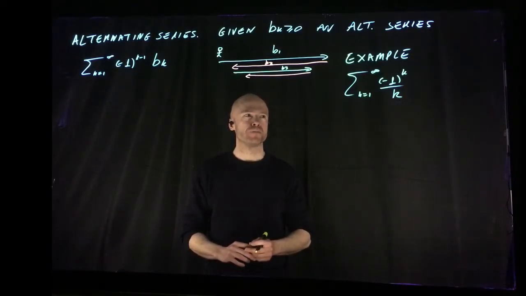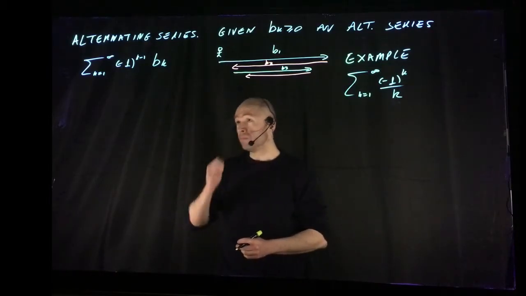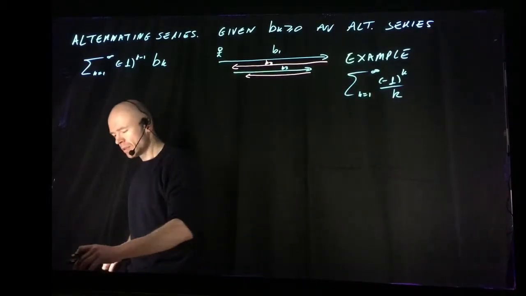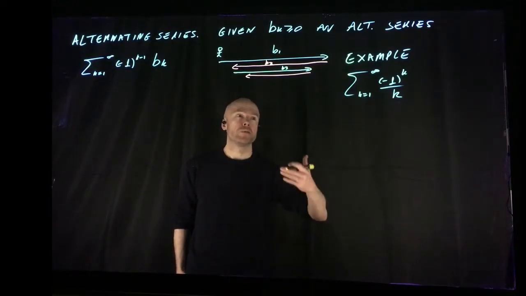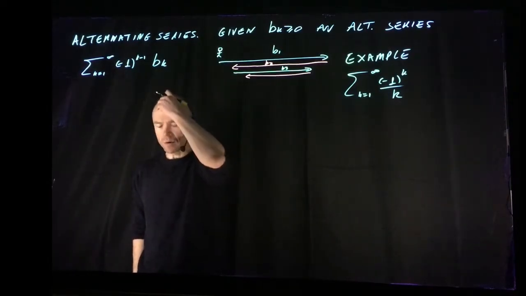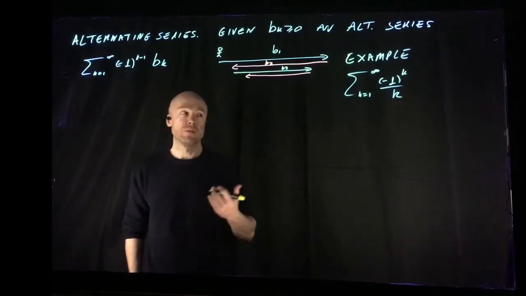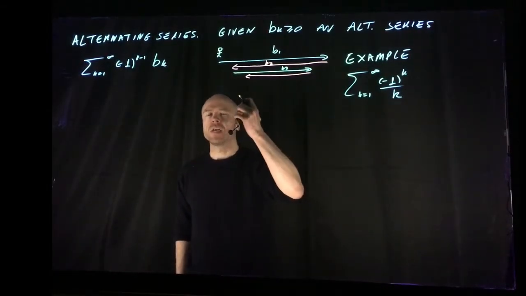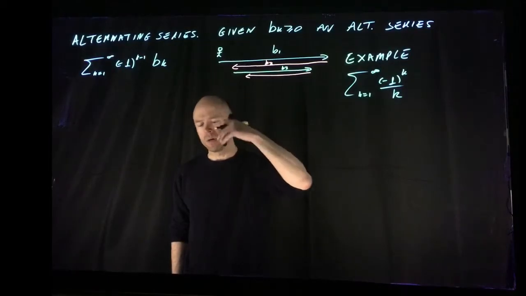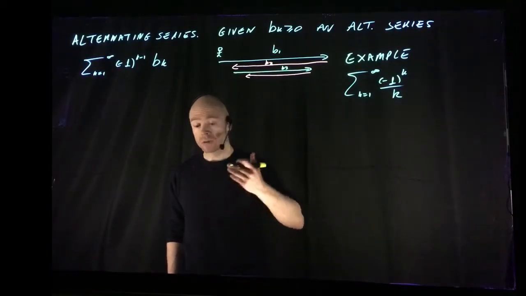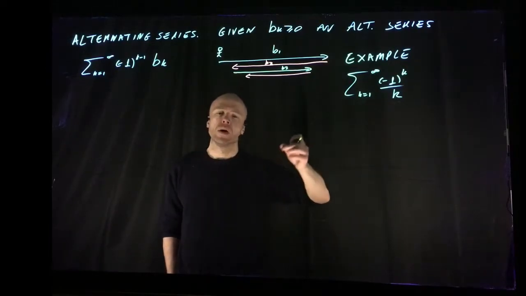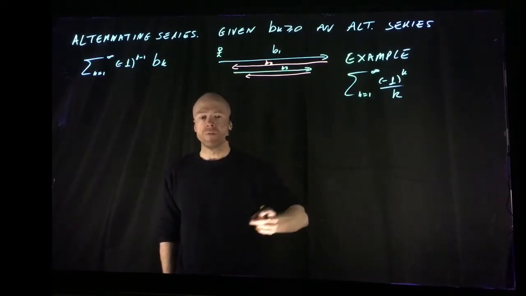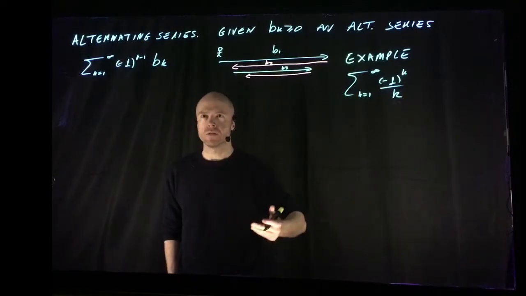Alternating series are a little bit different in that previously, when we've been considering series with just positive terms, we've had to think quite carefully about when it will converge. And we've learned the classic example that the sum of 1 over k does not converge, by the integral test, and the sum of 1 over k squared does converge. In fact, the sum of 1 over k to the 1 plus anything, any other power, like 1.1, does converge.